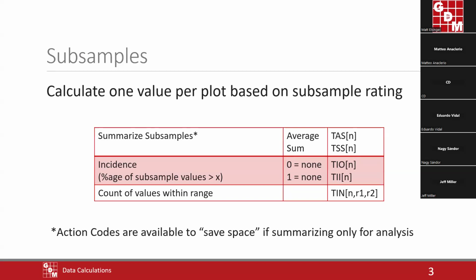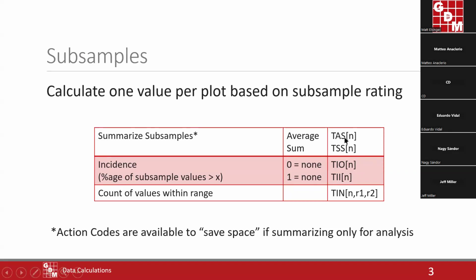So something as simple as creating an average or doing a sum, depending on the type of data. If it's more about harvesting, you might want to sum those subsamples to get the grand total from that plot, or if it's more of wanting to get the average response from that plot.